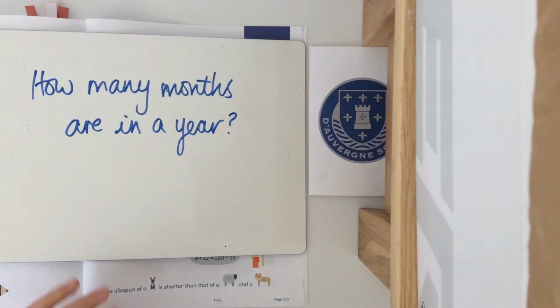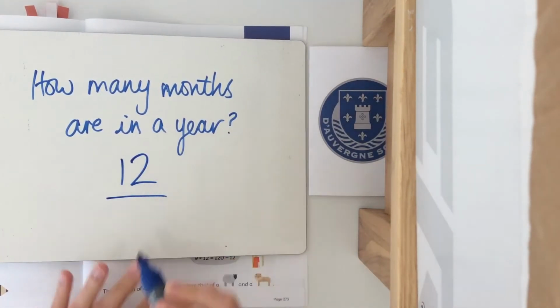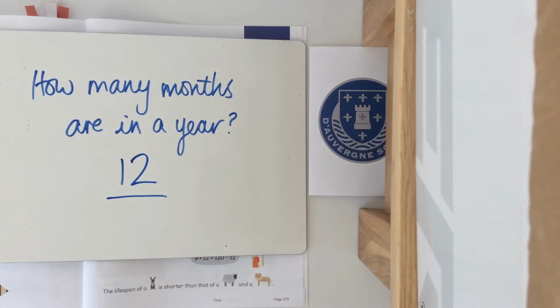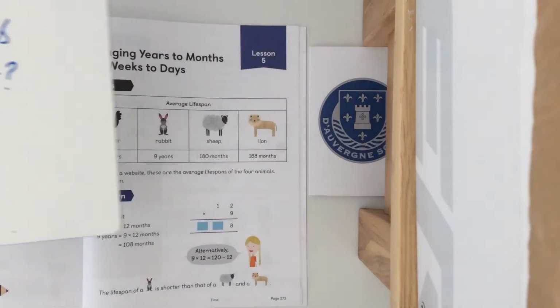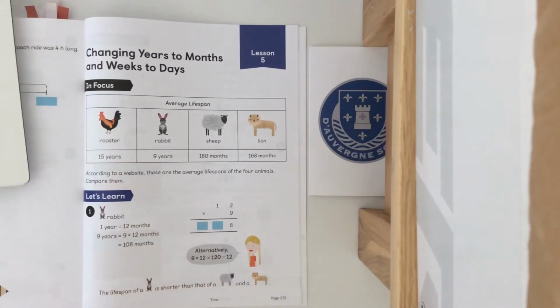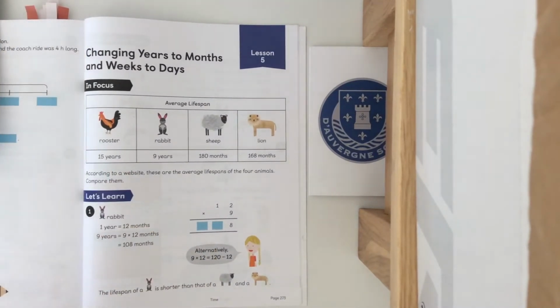So, we have 12 months in a year. We have January, February, March, April, May, June, July, August, September, October, November, December. Well done if you managed to name them all. So we have 12 months in a year. That's going to be helpful when we come to convert the years into months.